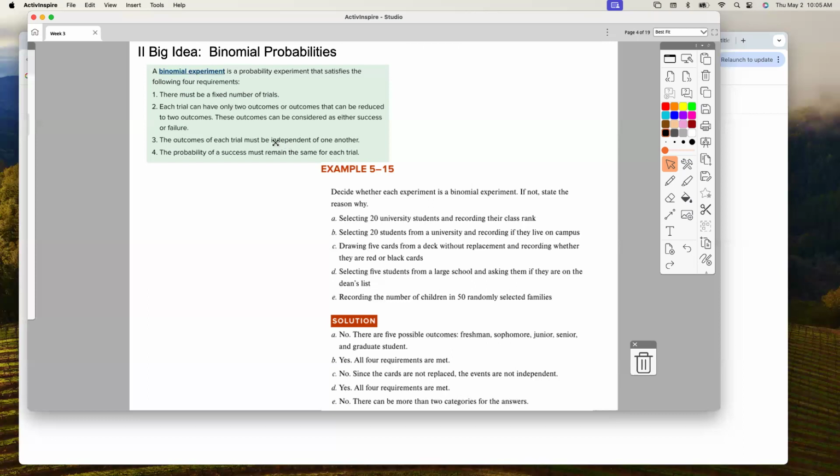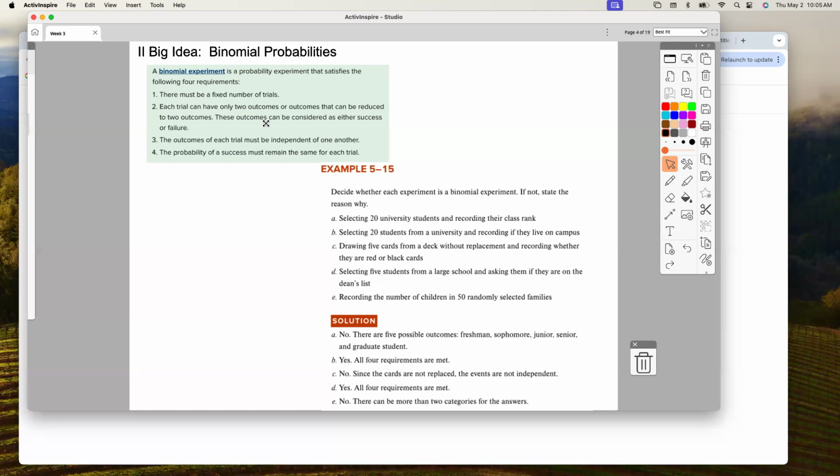So first of all, these are the four characteristics, and we sometimes call these requirements for a binomial experiment or a binomial setting. One, there has to be a fixed number of trials. Two, each trial can only have two outcomes, and we consider these either a success or a failure.